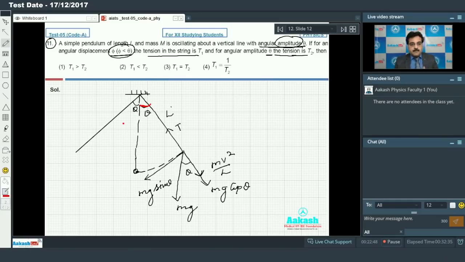एम्पलीट्यूड मीन्स मैक्सिमम डिस्प्लेसमेंट फ्रॉम मीन पोजीशन. So if I consider the point A is the extreme position, so in this position the speed V will become 0.